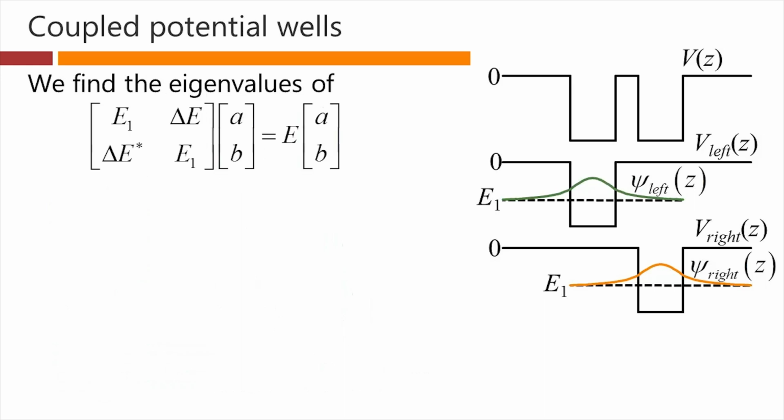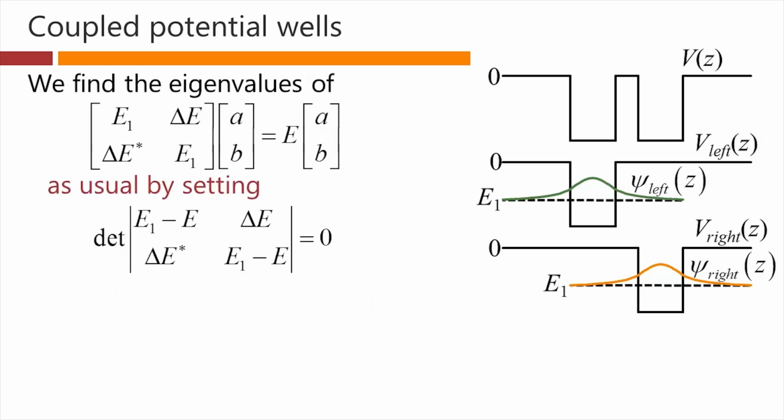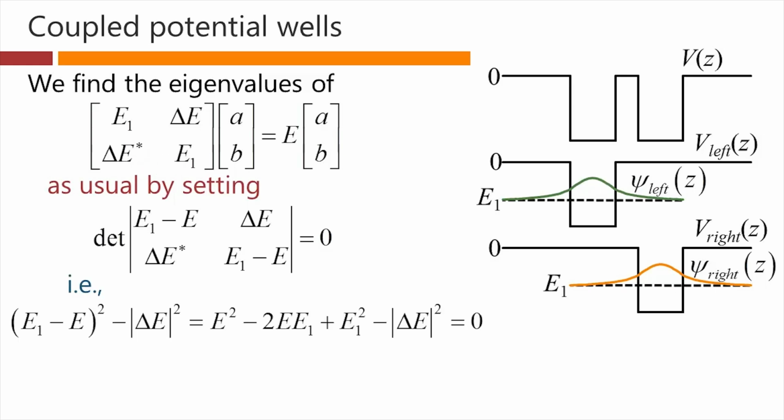Well, we find the eigenvalues of this equation fairly straightforwardly by setting the determinant of this matrix to 0, which is a standard technique. And that is, this quadratic equation in this case here has to be equal to 0.